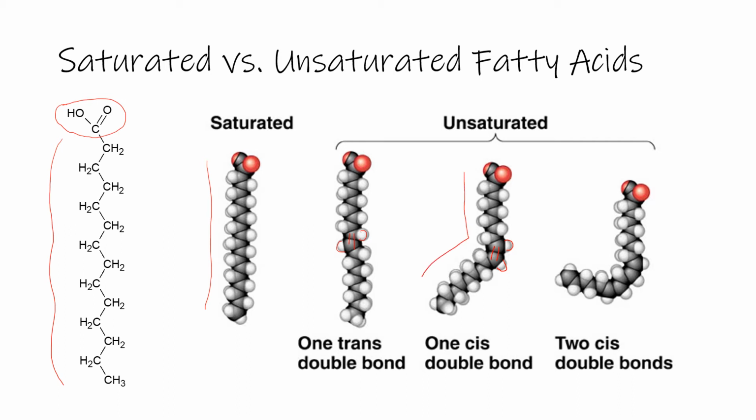And so that is going to affect how it behaves, what those properties are. And then the last one has 2 cis double bonds. You can see those hydrogens are on the same side, and then here's another one where those hydrogens are on the same side of the molecule, and it puts a really big bend in there as well. And so those bends affect the properties that those fatty acids have.